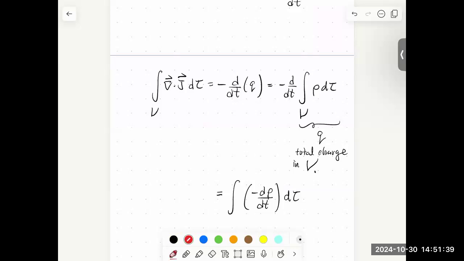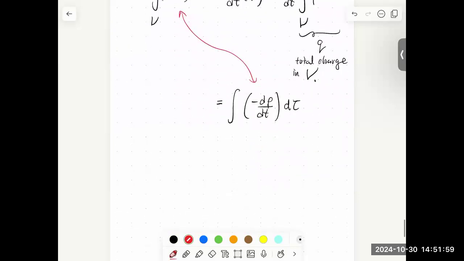And what I want to do is compare these two. It's the exact same integral, and they have to be equal to each other. So that's only possible if the divergence of J is equal to minus d rho dt. And so therefore, this is the result we wanted to get: minus d rho dt.